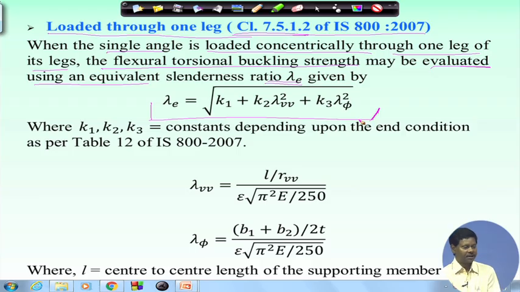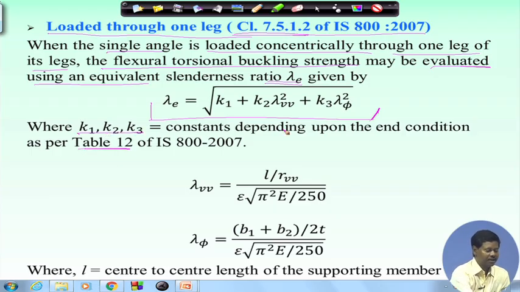You can find this expression in IS 800:2007 clause 7.5.1.2. Now, here the constants k1, k2, k3 are given in Table 12.